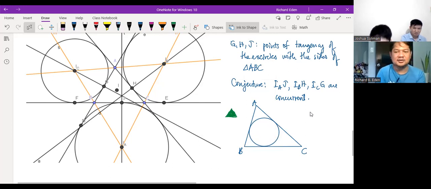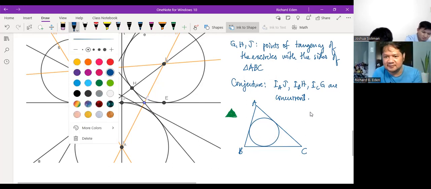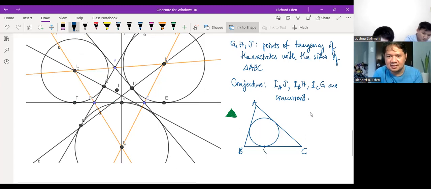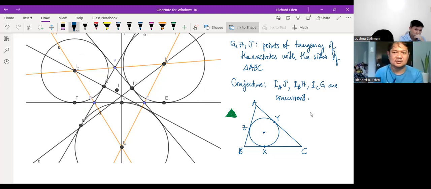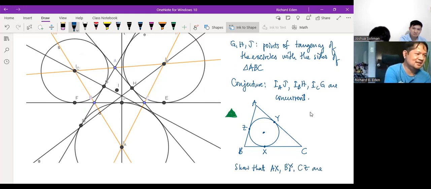And then these are the points of tangency: X, and then say this is the incenter, then say this is Y, and then this is Z. Okay. Show that AX, BY, and CZ are concurrent to the incenter.